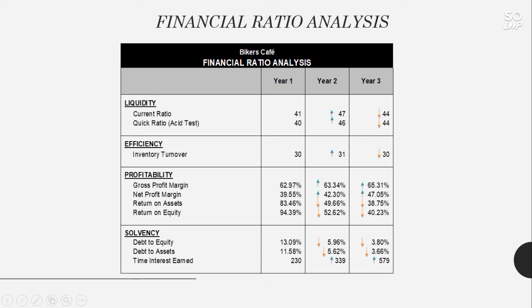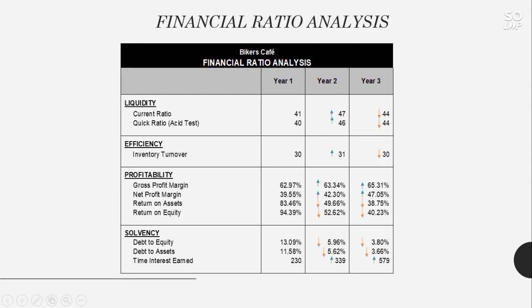For return on asset, the percentage is at 83.46% at year 1, and it is going to decrease to 49.66% at year 2, and it is going to decrease to 38.75% at year 3.